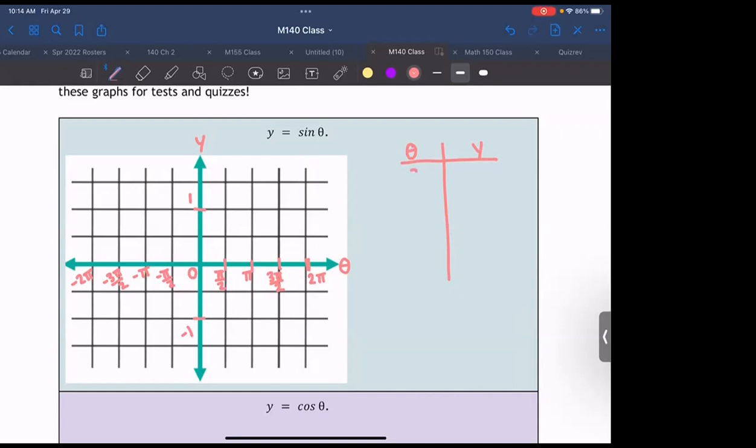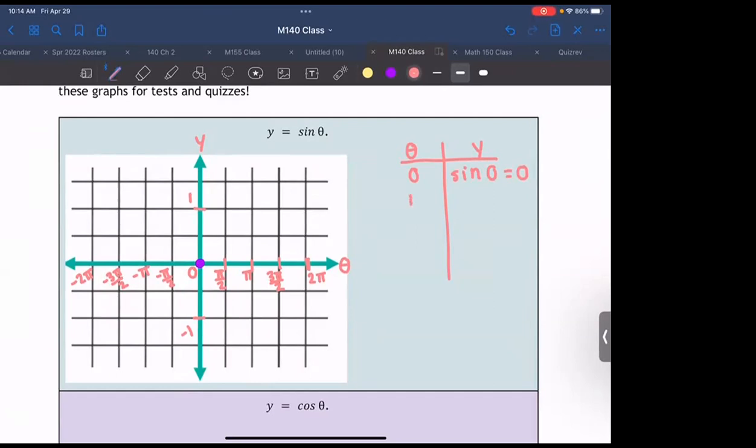Okay, when theta equals 0, well, y would be the sine of 0, right? What's the sine of 0? Take a look. 0, good. Taking a look at your unit circle, the coordinate is 1, 0. Sine is the y value, so sine of 0 is 0. Okay, so it looks like we have a point on our graph, which is 0, 0.